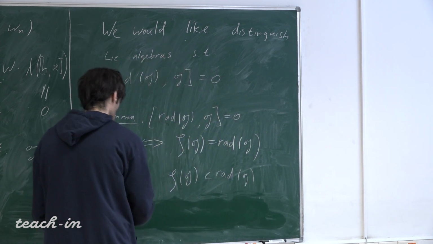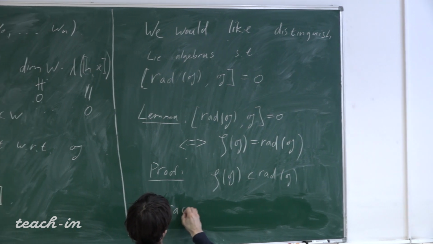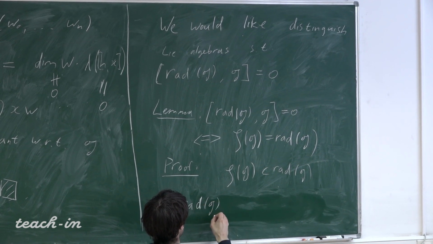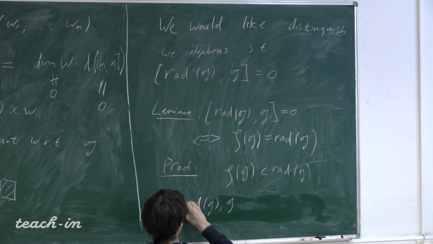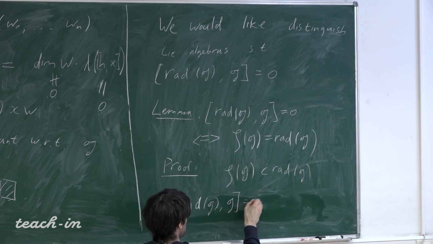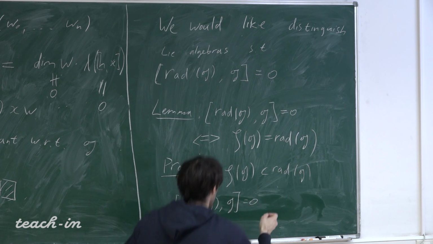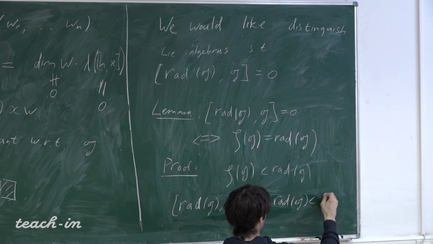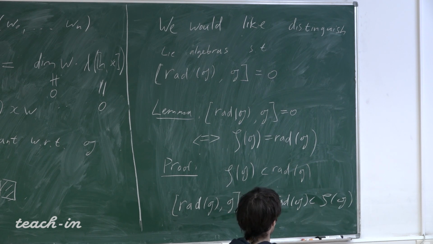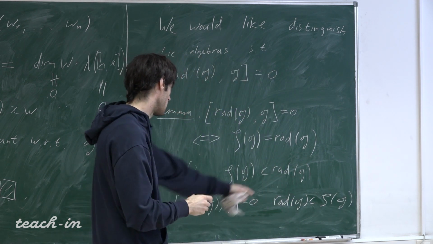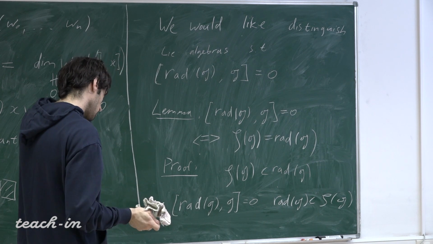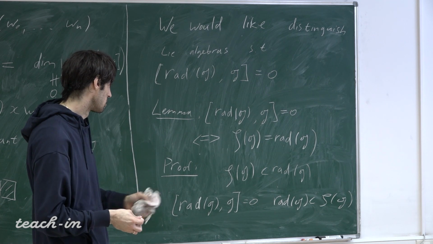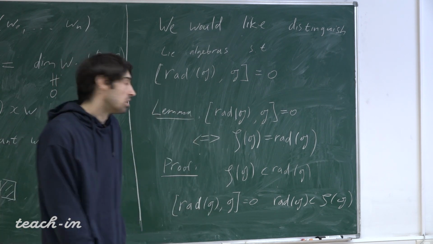The commutant of radical G with G equals 0 just means that everything in the radical is inside the center. And by the way, it goes both ways, so it's actually an equivalence. We have a two-way inclusion, and that's it.